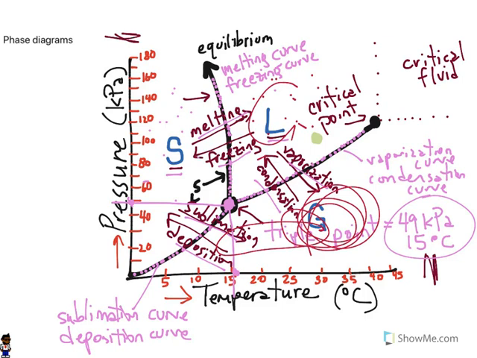Well, if we decrease its pressure down to 10 kPa, what's going to happen? This substance is going to pass the vaporization curve, and since we're going from liquid to gas, this substance is going to vaporize and turn into a gas. So you should be able to know that when you cross a curve, that phase change is occurring.